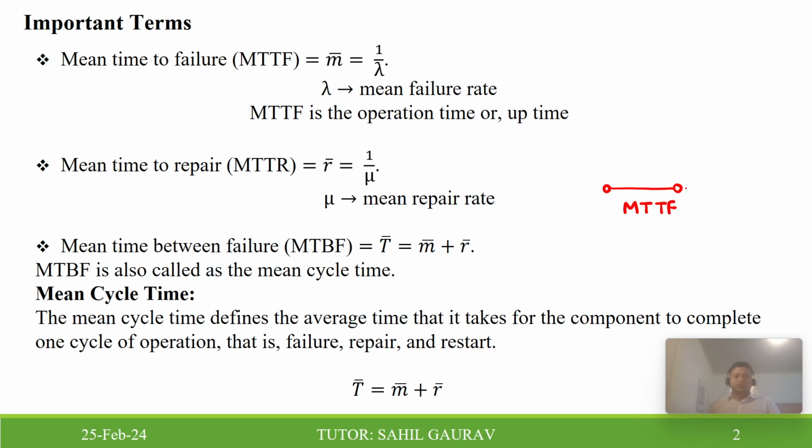It then has a certain repair time before it gets back into operation, which is the mean time to repair. We take the average because sometimes it takes less time and sometimes more. On average we need to know how much time a component takes to fail and how much time is required for repair. The summation of both is the mean cycle time.